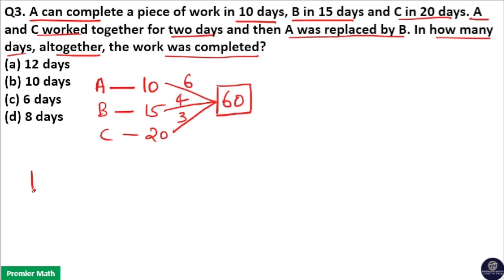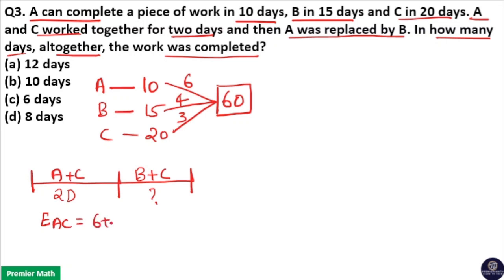Here the question clearly says first A and C work together for 2 days. Then A was replaced by B, and B and C completed the remaining work. Here you can see efficiency of A and C in 1 day is 6 plus 3, 9 units.